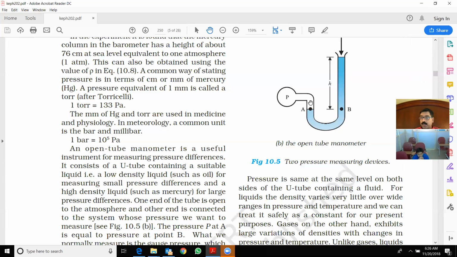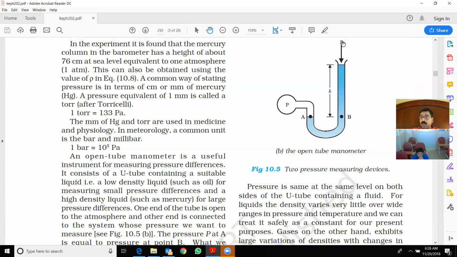At this point, say it pushed the liquid in the manometer to this point, say A. So at this point the pressure has to be equal to the pressure at this point, say B, at the same height on the other end of the tube, because it is like a U tube. Now what is the pressure here at B?